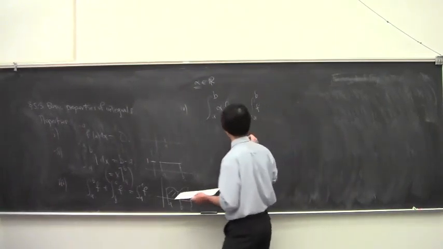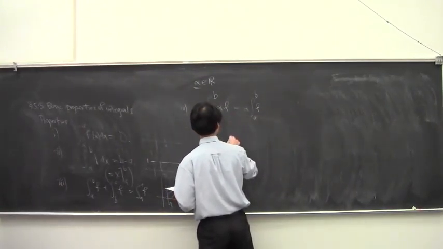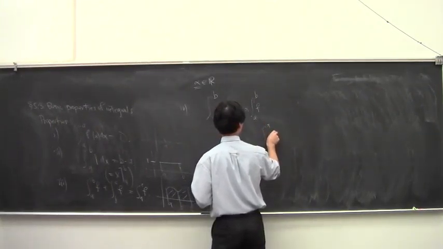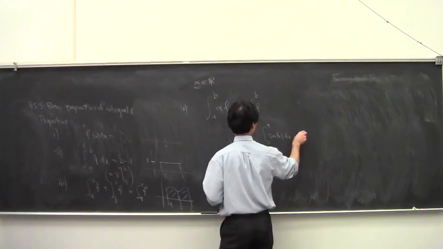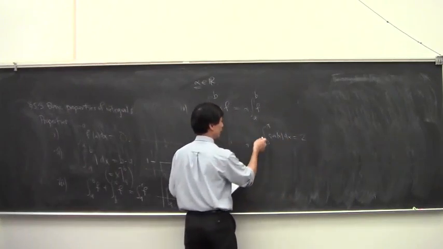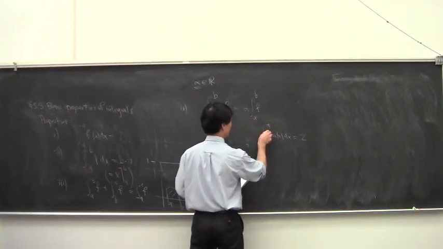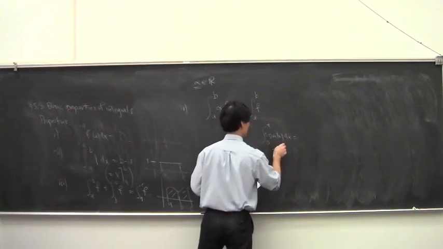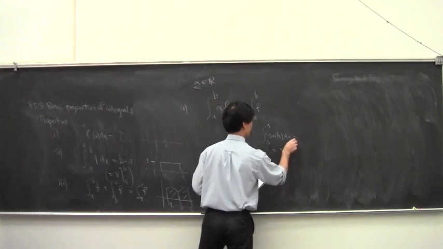Like if I have a sine function, and the integral from 0 to pi of the sine function turned out to be 2, if I multiply the sine function by pi, then it's the same as pi times the integral of the sine function.